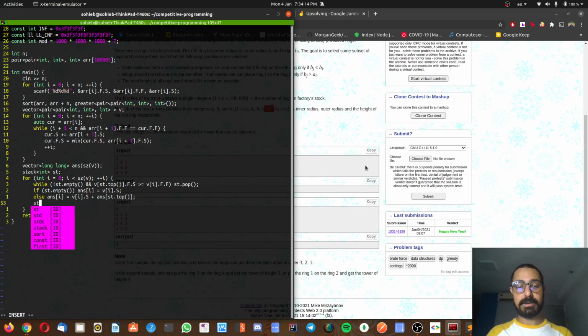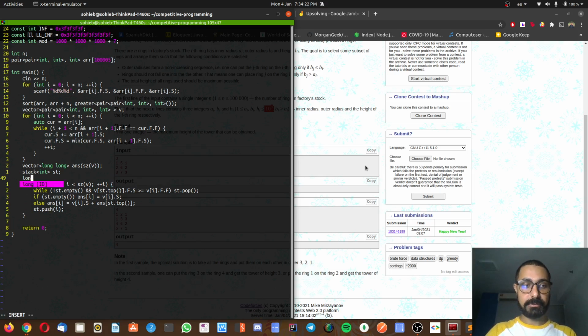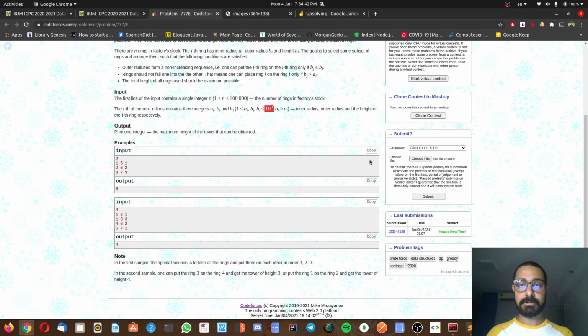Okay, and then push the current element to the stack, and then now we should have the answer. We can just calculate it on the way. So long, let's say result equals 0, and at this one we can say the result equals the maximum between the current result and answer of I, and then that's it. Now we should have the correct answer.